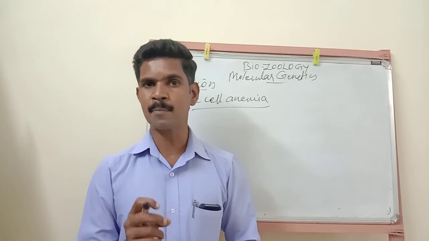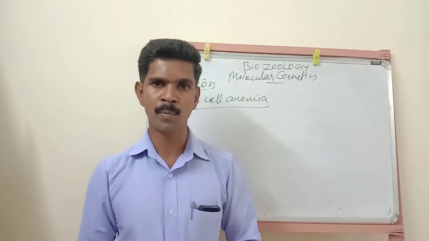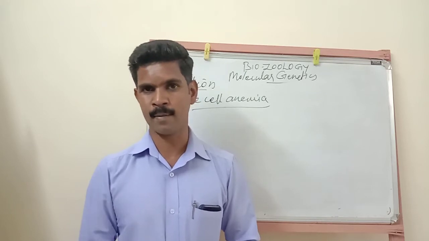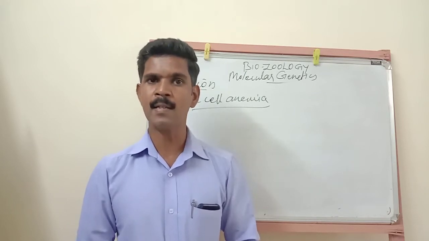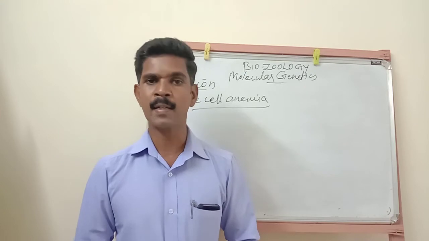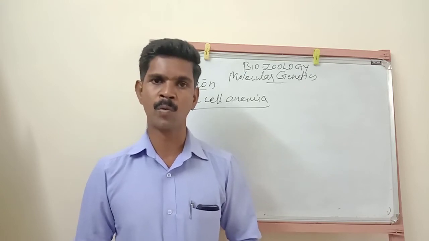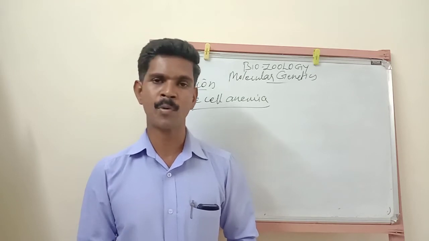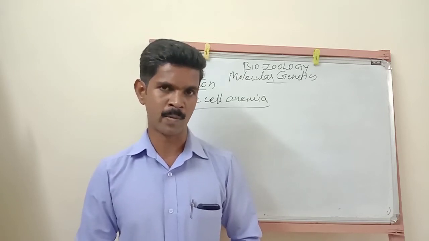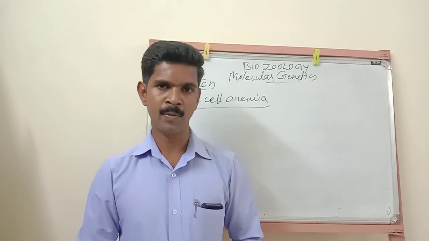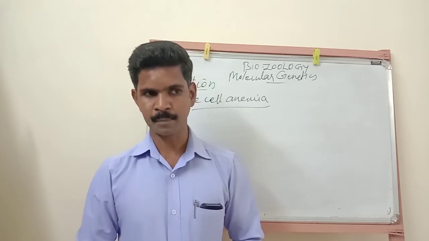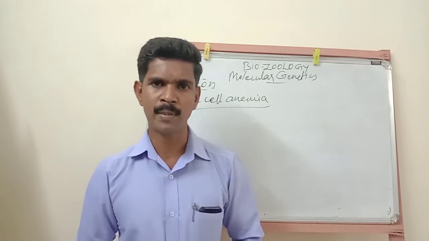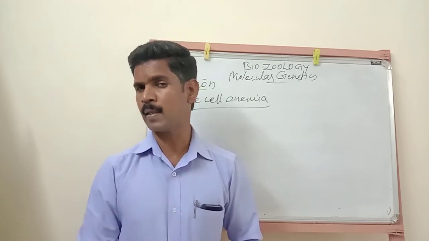So the alleles present in the beta hemoglobin gene are involved in sudden change, or mutation. If this gene is involved in mutation, it cannot produce the normal hemoglobin molecule. The affected genes can produce only abnormal hemoglobin molecules. Then, see, in the sixth position of this beta hemoglobin gene, one codon is there.